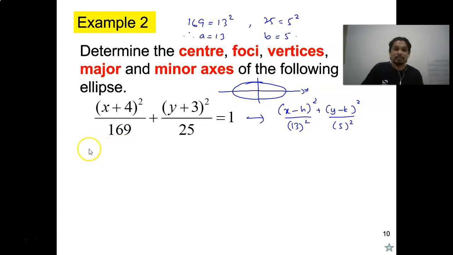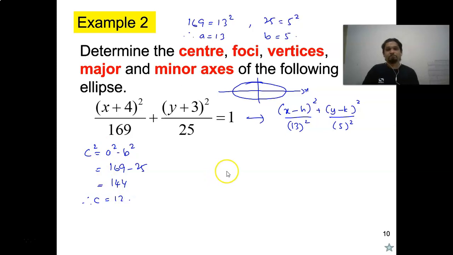Before that, we're going to find the value of c. c squared equals a squared minus b squared. 169 minus 25 is 144. So c squared is 144, then c equals 12.